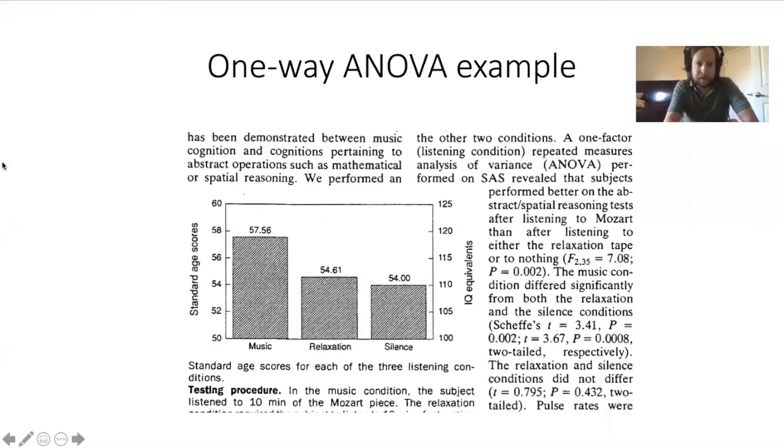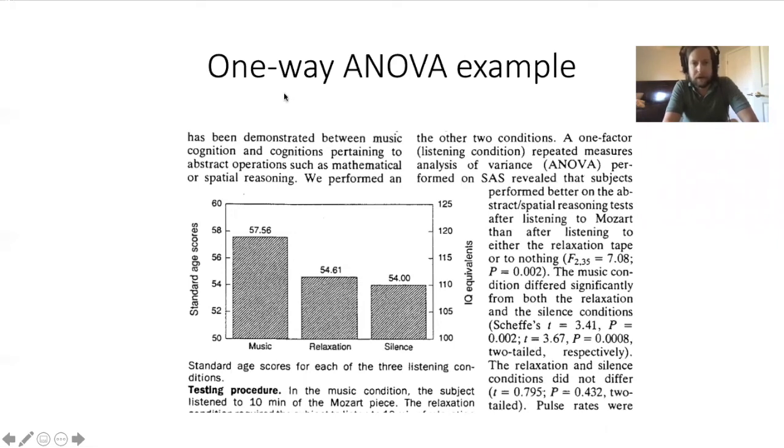You can see the dependent variable in the graph of these three conditions. The height of the bars represents how well they did on the spatial IQ task. Looking at this, it's pretty clear that if you're in the Mozart condition, the music condition, your performance on the spatial IQ test was better than if you were in the relaxation condition or the silence condition.